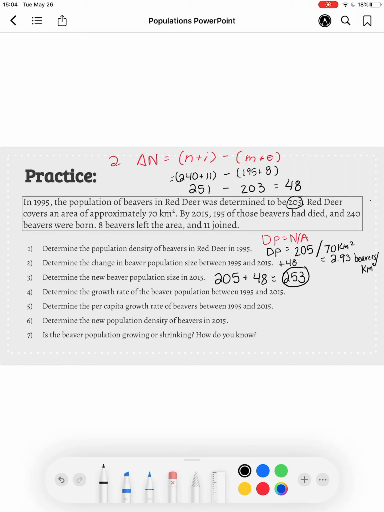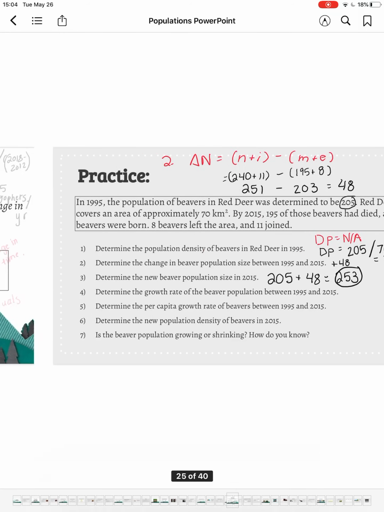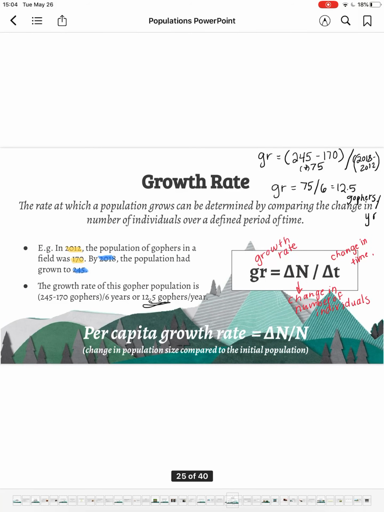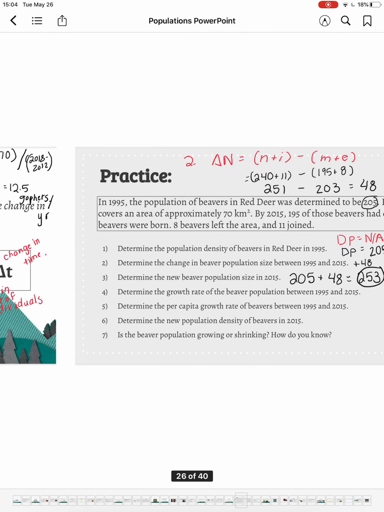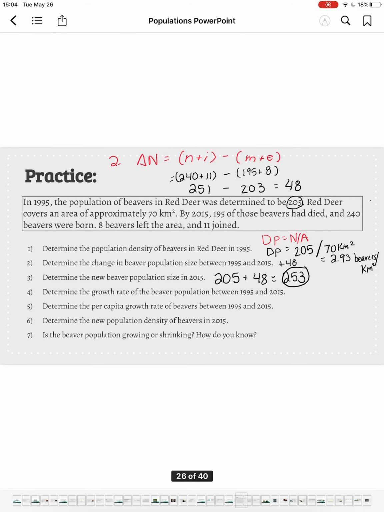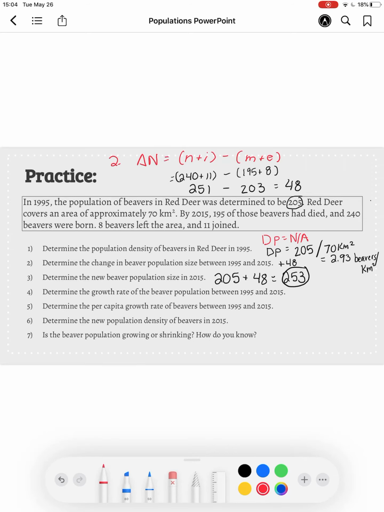For number 4, it says determine the growth rate of the beaver population between 1995 and 2005. If you look back to here, the growth rate is GR equals delta N over delta T. I'm going to write that. There.